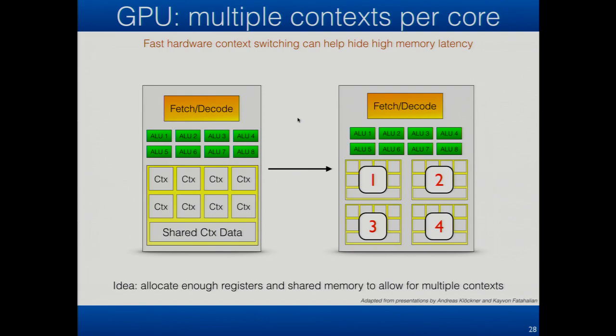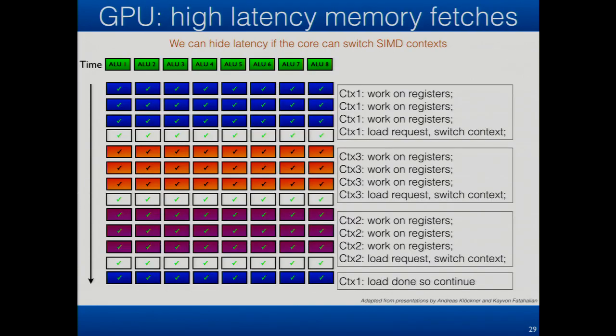Okay? So then the latency can be hidden by multiple contexts. And another smart thing NVIDIA does is they do hardware context switching. So it takes a fairly minimal number of clock cycles to switch between the ALUs processing one set of instructions and the ALUs processing a second stream of instructions.